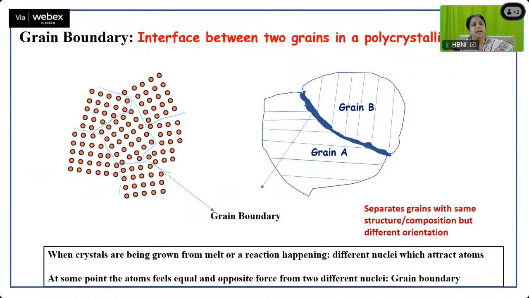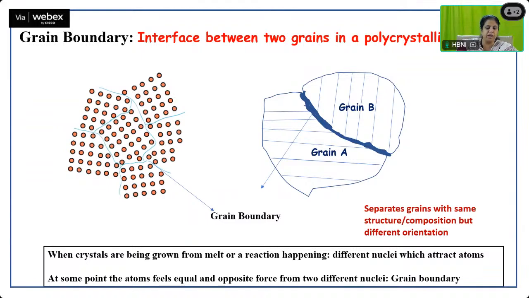Polycrystalline means that the material has crystallites, the grains, of the same composition and same structure, but they are not a single crystal. Many small single crystals or crystallites are separated by grain boundaries. So grain boundaries are less crystalline or non-crystalline regions that separate two grains in a polycrystalline material.